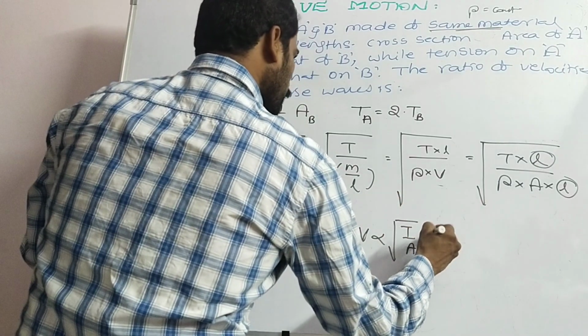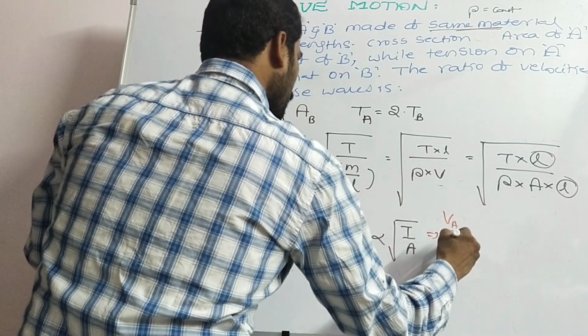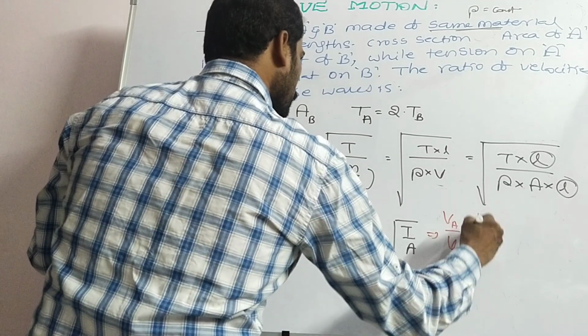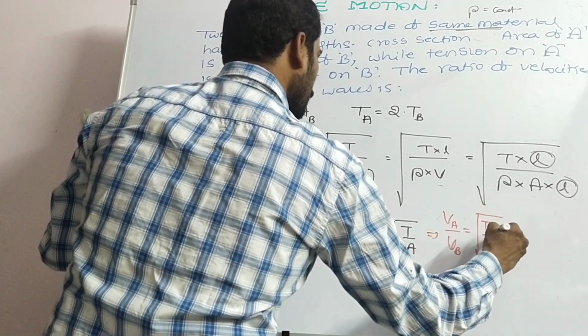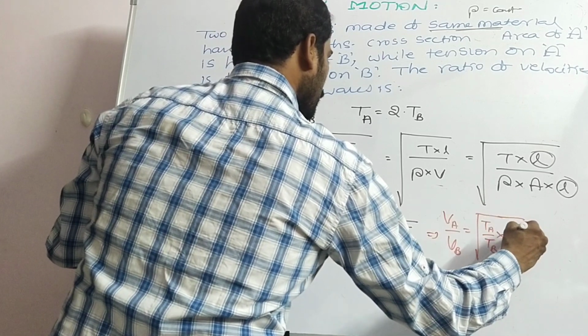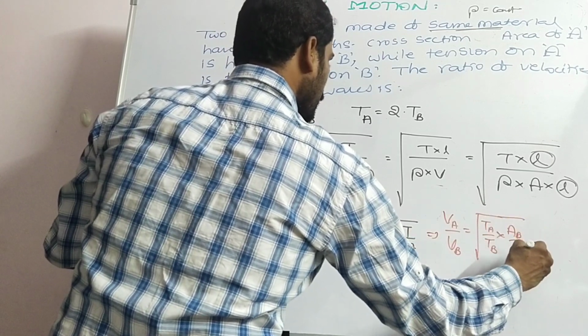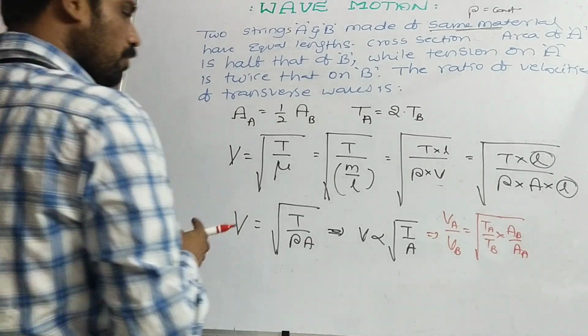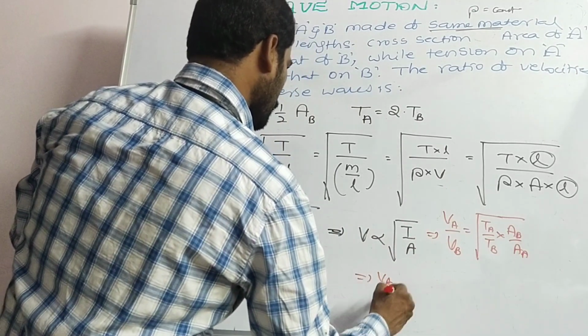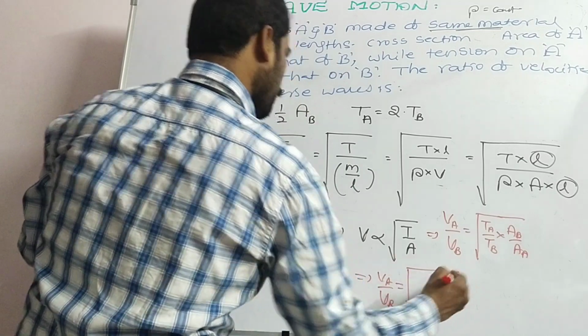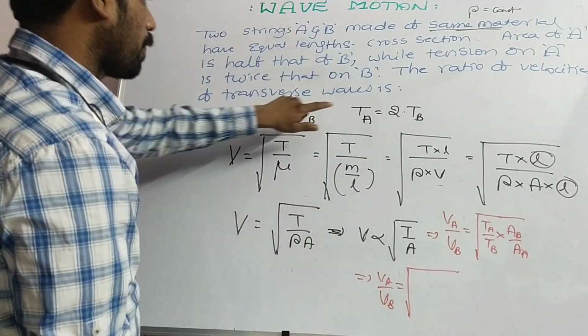Now VA by VB is equal to root of TA by TB into, inversely proportional to cross section area, AB by AA. Now VA by VB is equal to root of TA by TB.